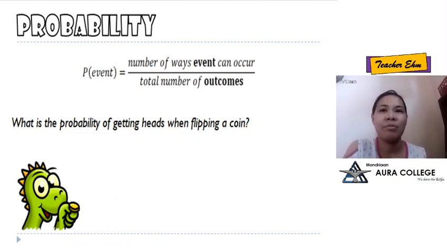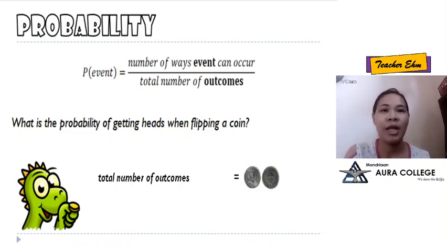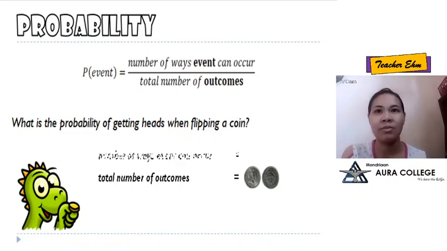So, what is the probability of getting heads when flipping a coin? So first, ilan ba yung total number of outcomes? Pwede nating makuha si head or tail. So meron tayong 2 total number of outcomes. Number of ways the event can occur.